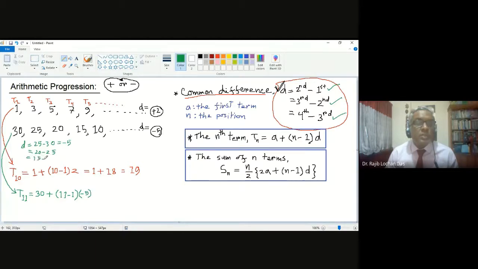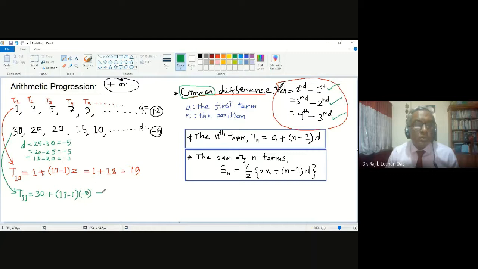In this way you will find the d value, and d must be the same every time. If you find minus 5 sometimes and minus 6 sometimes and minus 8 sometimes, then it is not an AP. AP means every time the same difference. That is why it is called common difference. Common means the same difference every time. So it is minus 5.